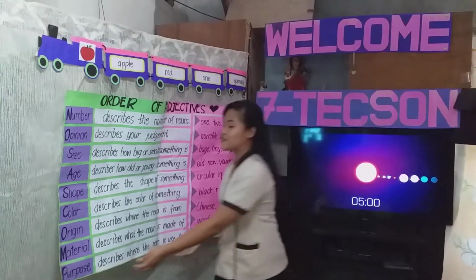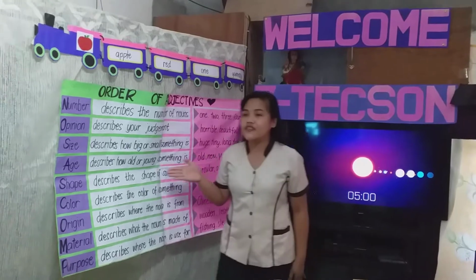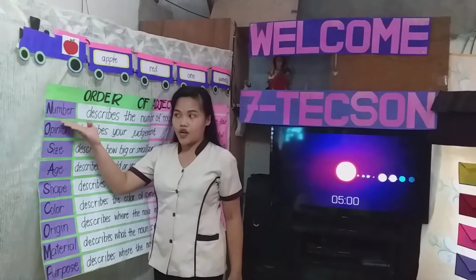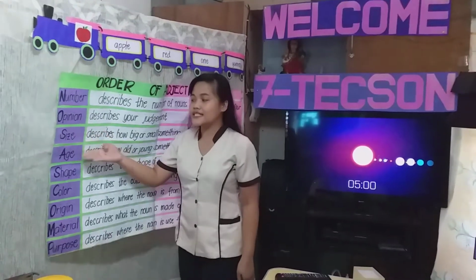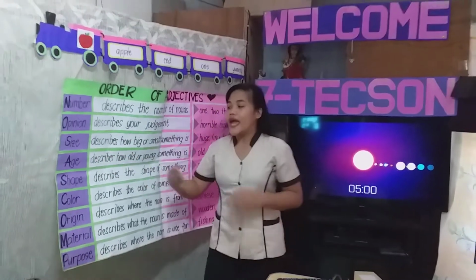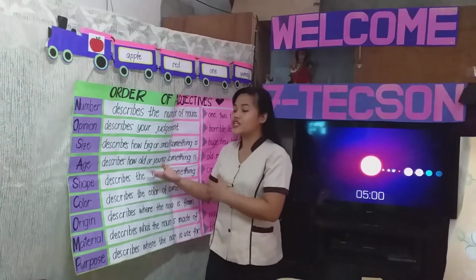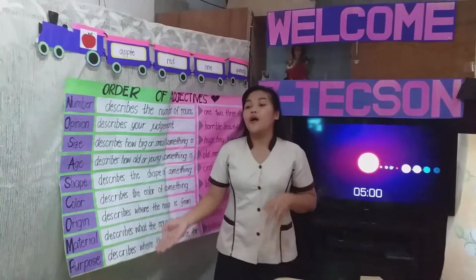We have to follow the proper order of adjectives. We have this acronym, NOSASCOMP. N for number, O for opinion, S for size, A for age, S for shape, C for color, O for origin, M for material, and P for purpose.